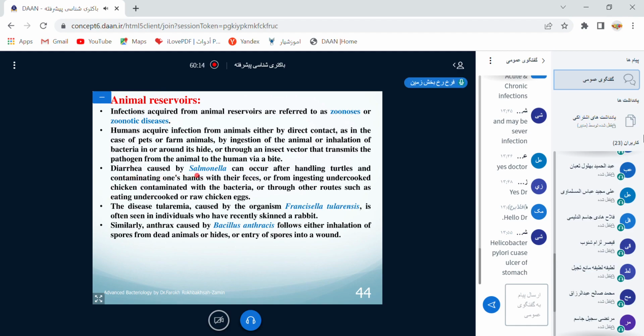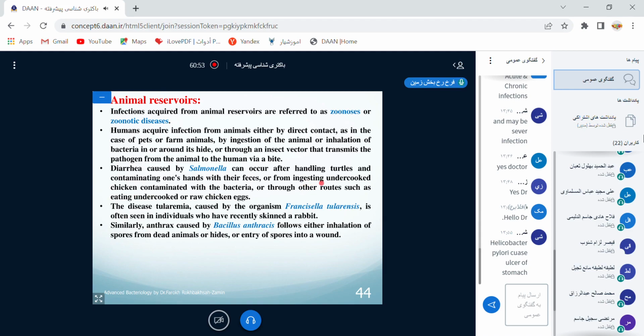Diarrhea caused by Salmonella can occur after handling turtles. So those people who work with turtles are at high risk of being infected by Salmonella, by contaminating one's hand with their feces, or from ingesting undercooked chicken contaminated with bacteria.